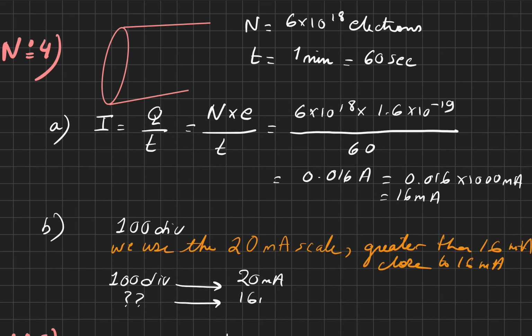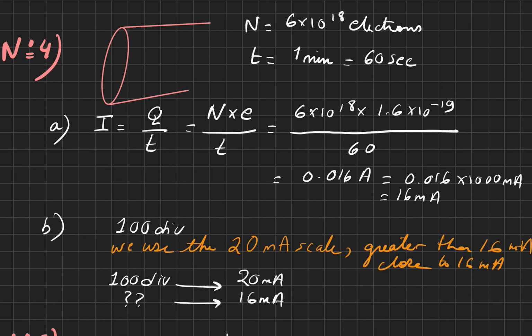How many divisions will the needle point to if we have 16 milliamperes? Are you understanding what we did here? So the full dial, which is 100 divisions, means the full scale 20 milliampere. How many divisions will the needle point to if the current that we're trying to measure is 16 milliampere?